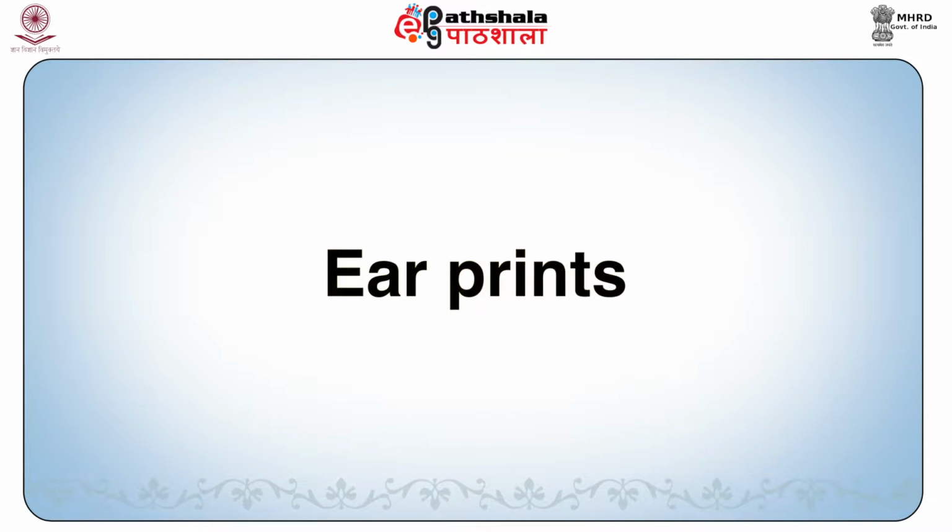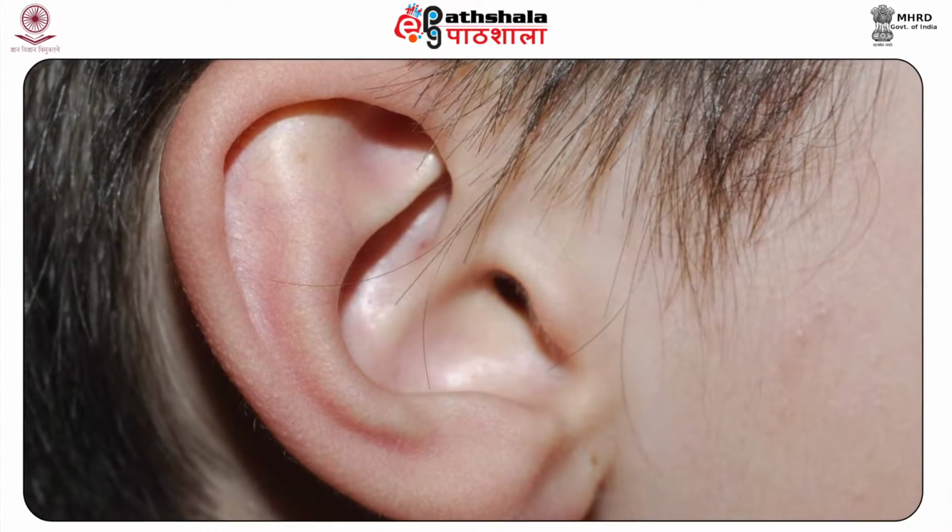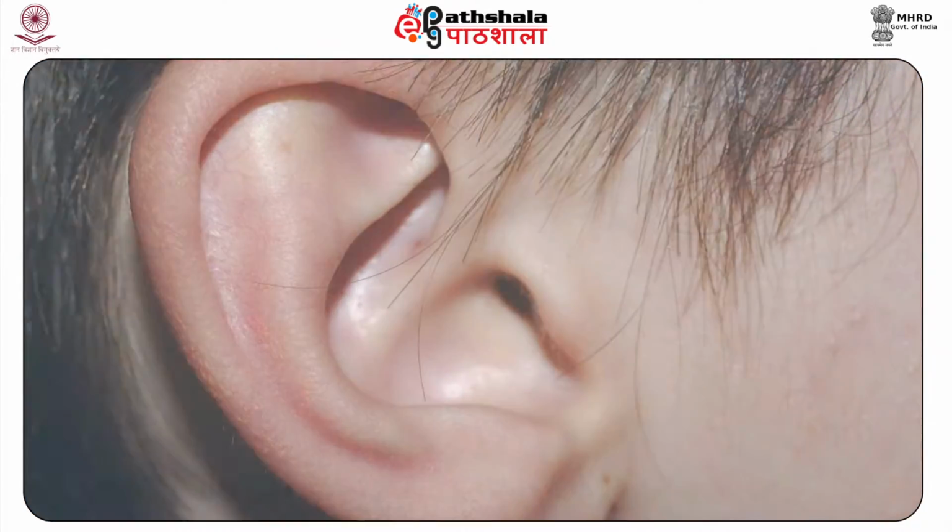Now, next we have the ear prints. The analysis of ear print was developed in criminological science. The awakening of forensic interest in the description of ear prints and an identification by means of ear printing is relatively recent.